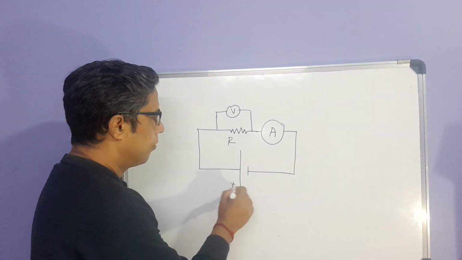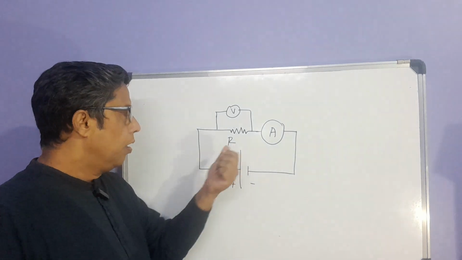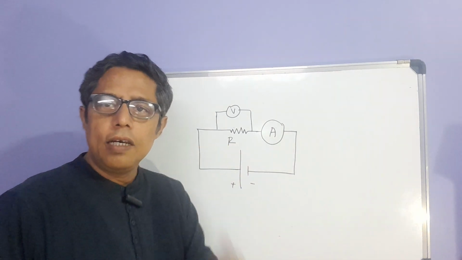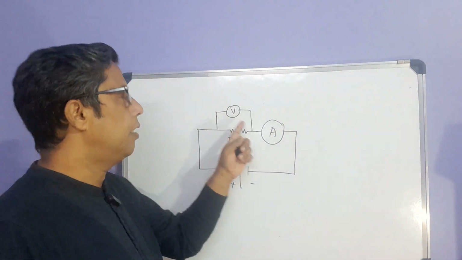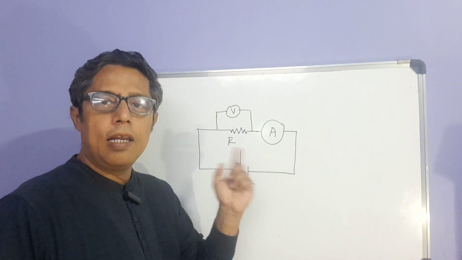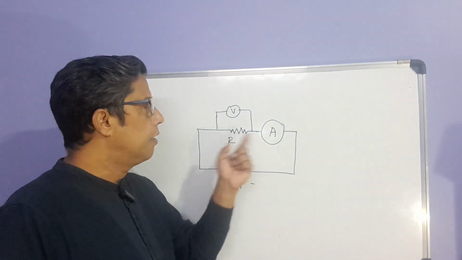We have a voltage source, and we have the resistance, and we have two measuring instruments, one voltmeter and one ammeter. The voltmeter is always connected in parallel in a circuit, and the ammeter is connected in series in a circuit.